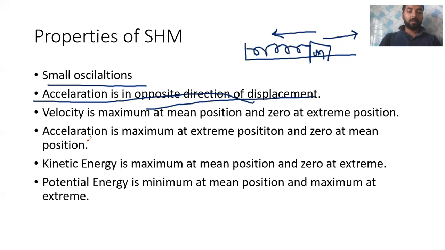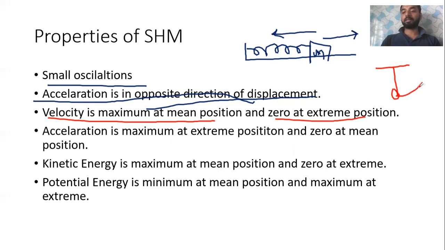Now velocity is maximum at mean position and zero at extreme position. Take an example of a pendulum. If it is oscillating like this, what will happen? At the extreme position, the bob is stopping and coming back, right?